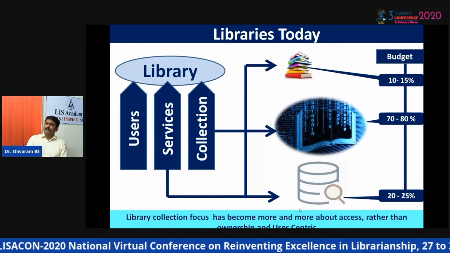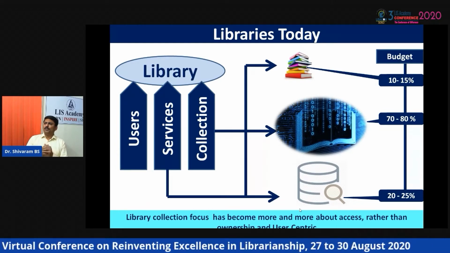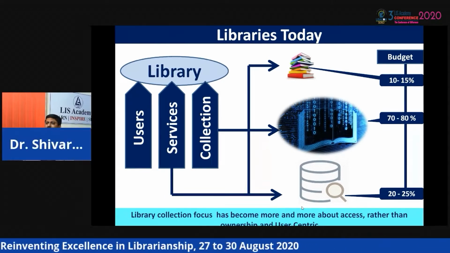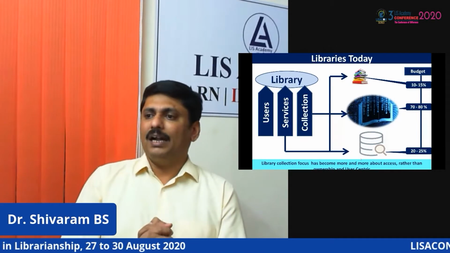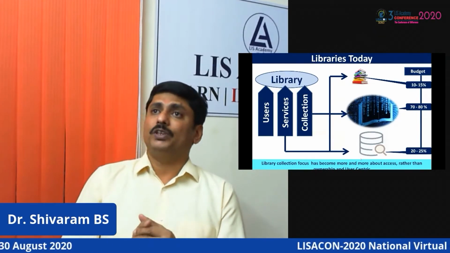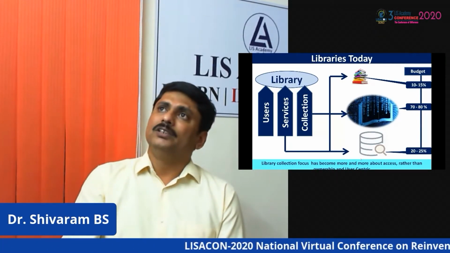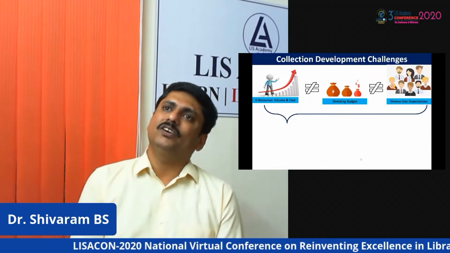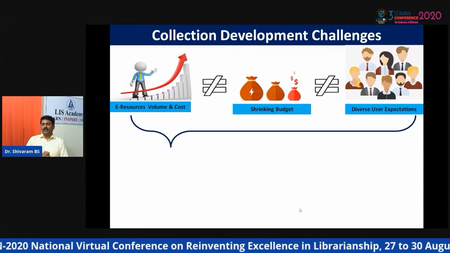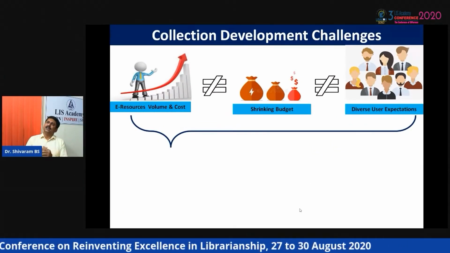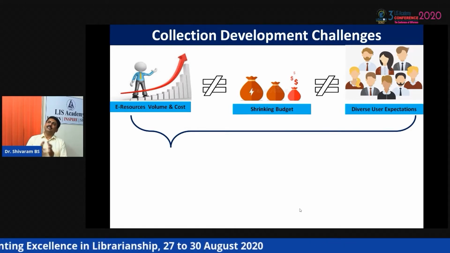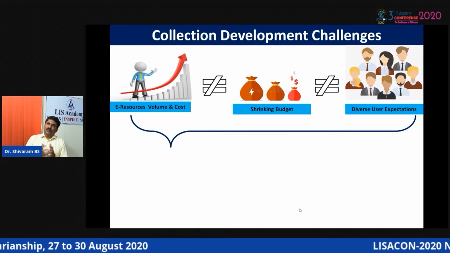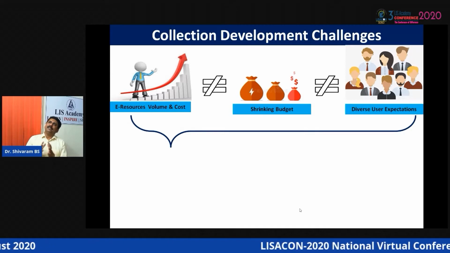So now library collection focus has become more about access rather than ownership, and it has become more and more user-centric. If you look at the challenges in collection development, we are witnessing rapid growth in online and digital collections, increasing year by year.